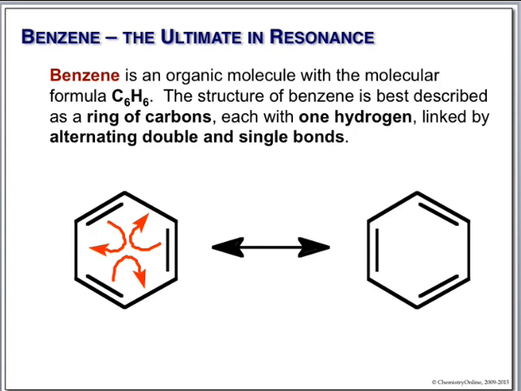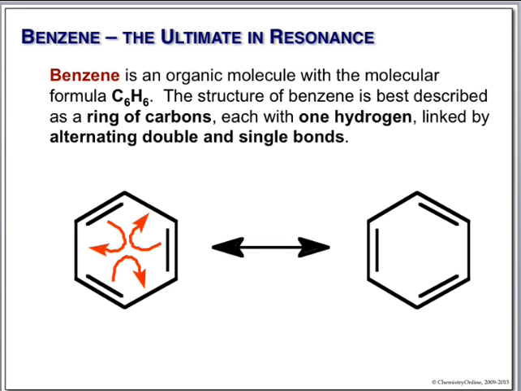The double bonds have moved. So Kekulé, in his notion, suggested that actually benzene was madly flipping back and forth. And that's why it wasn't really a double bond. Well, he was wrong. He's still very famous for it, but he was wrong.